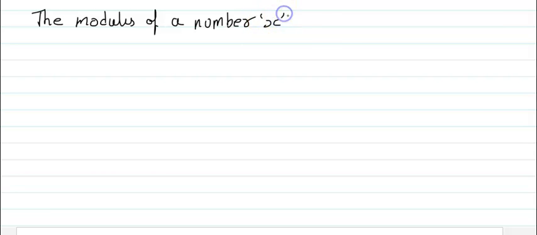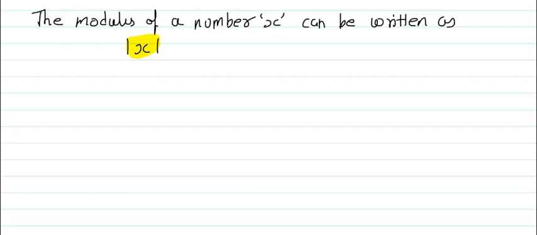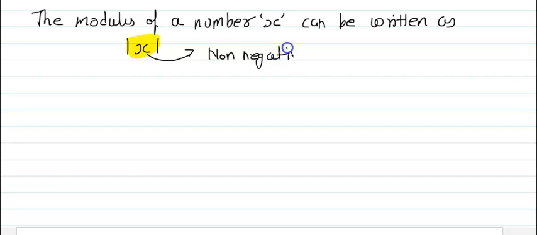It can be written in between two lines, that is called modulus of x. You can have a look here, and this value is a non-negative numerical value.